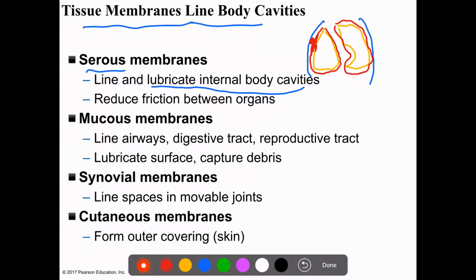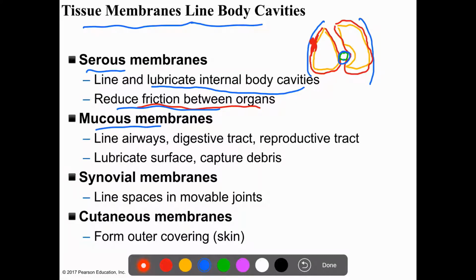So this serous membrane will protect the lungs from being rubbed against hard structures, reducing the friction between the organs. Similarly, the heart itself is surrounded by another membrane that reduces its friction when it is moving against the lungs, and so on. So the serous membrane reduces friction between organs.